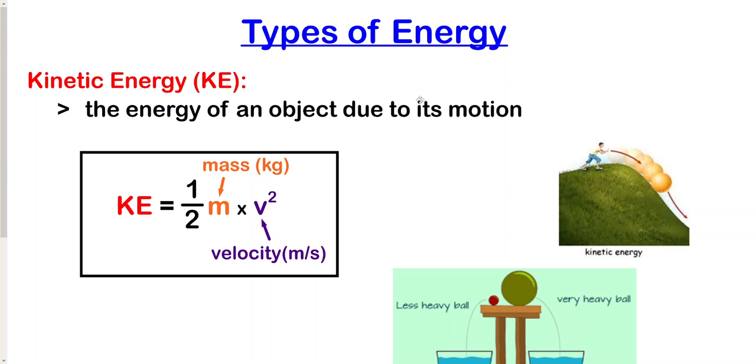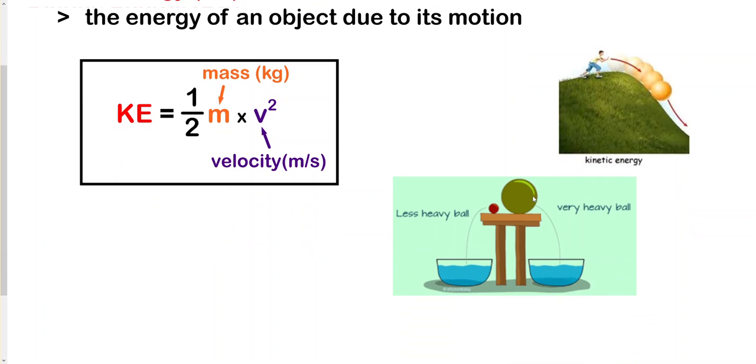And that explains why we see different things in this picture, right? If we have two objects sitting on a table and they roll off, one has less mass, this tiny ball, it's going to make a much smaller splash than this bowling ball would. When the bowling ball goes in, it's going to make a much bigger splash.